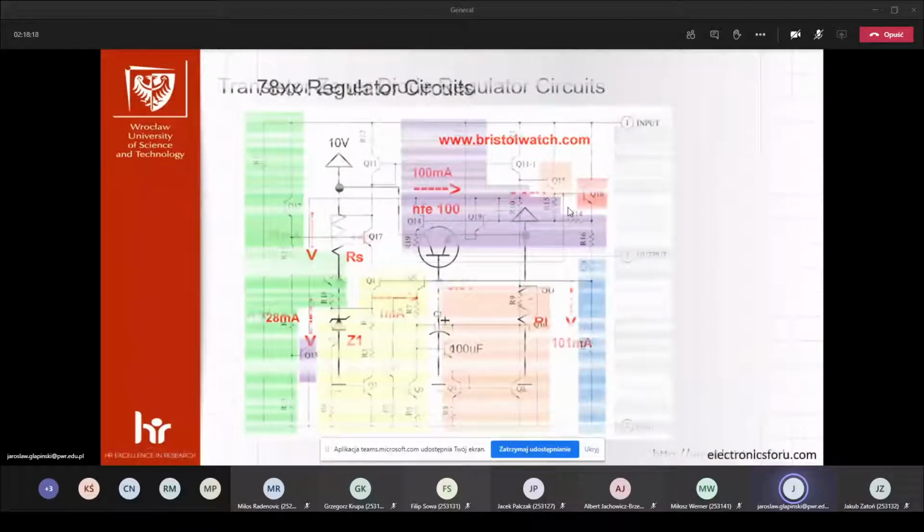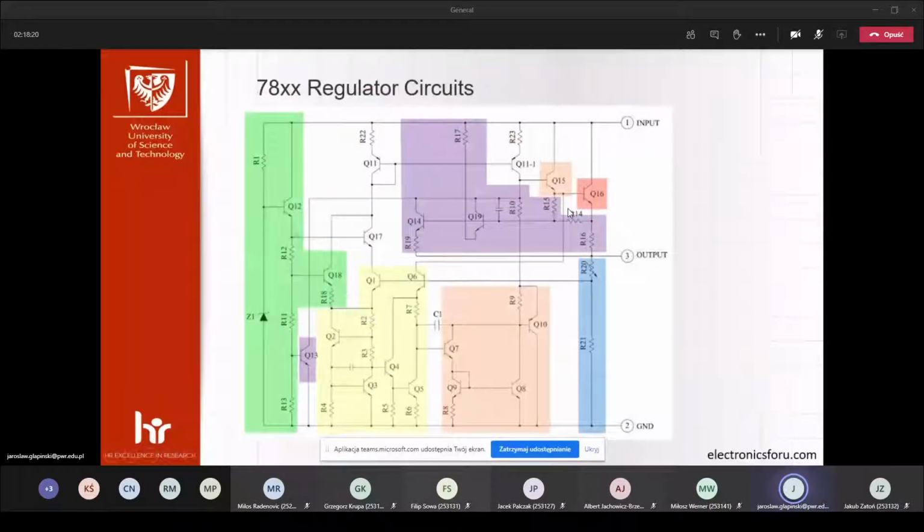Of course, nowadays we do not use just one transistor, because it's not linear, it's not stable, it loses some voltage, so it's not utilized very commonly. But if we have no other idea, we can use it.